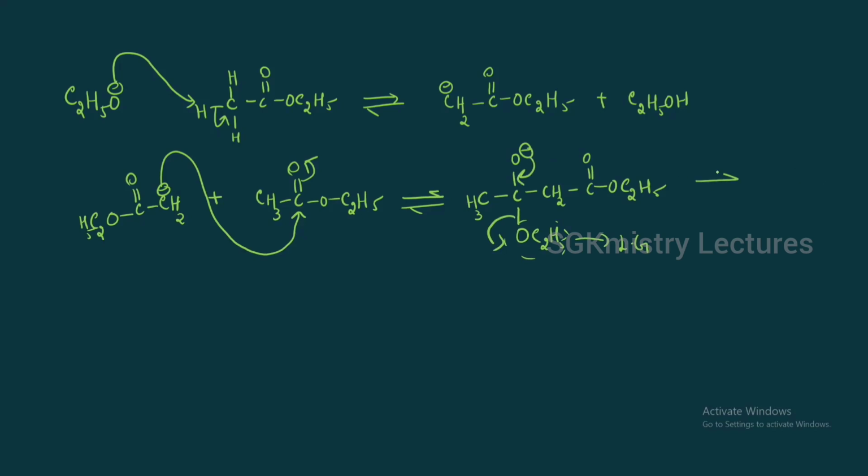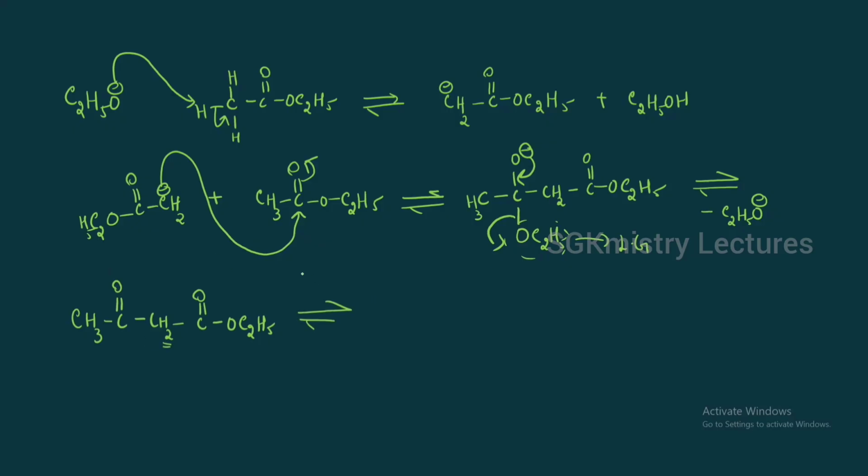There is removal of the C2H5O minus ion, since it is a very good leaving group. So we get CH3, C double bond O, CH2, COOC2H5. Now, we know that the base, the ethoxide ion, is there, which can again abstract a hydrogen. Here there is a hydrogen which can easily be abstracted.